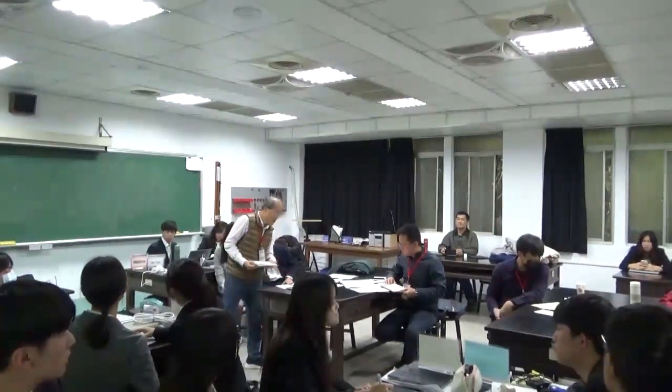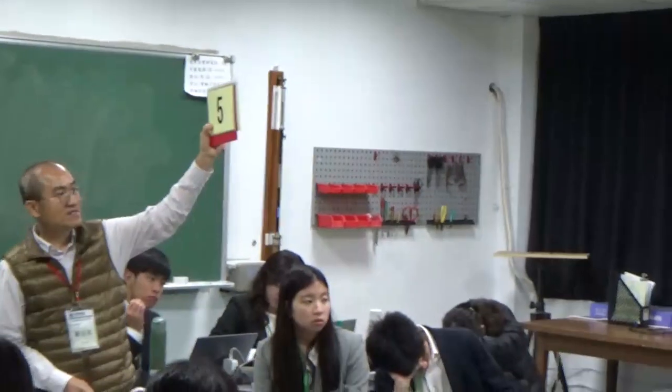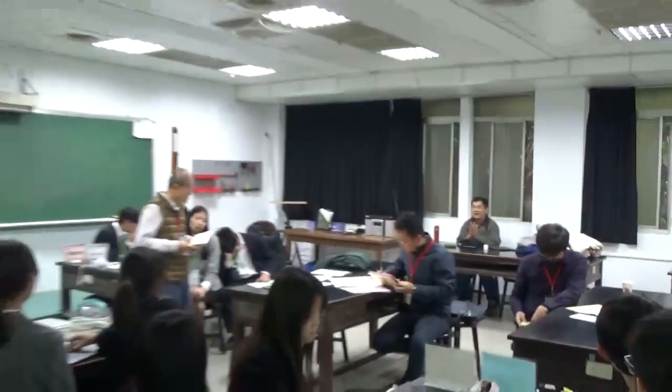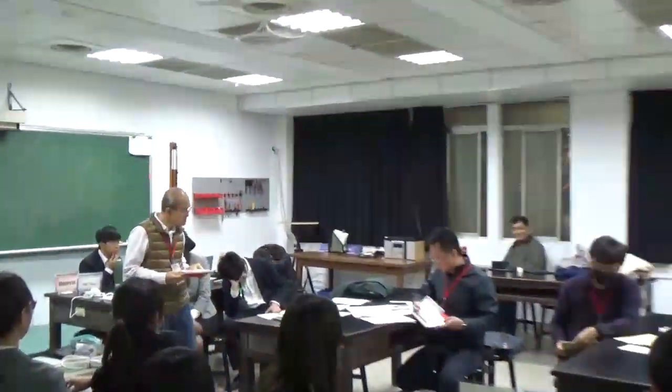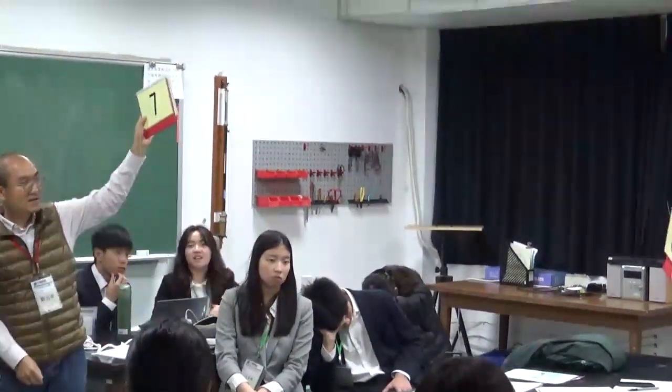Let's go for the opponent: 5, 7, 6, 7, 6. Let's go for the reviewer: 7, 8, 7, 8, 5.